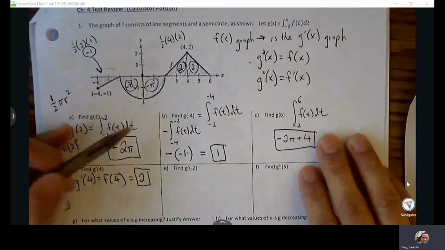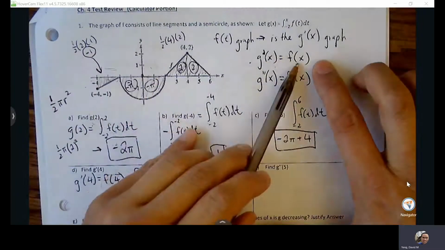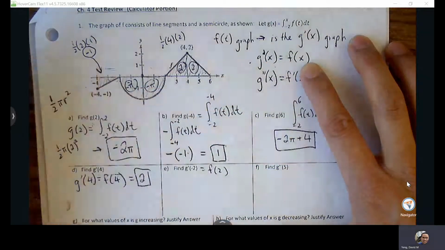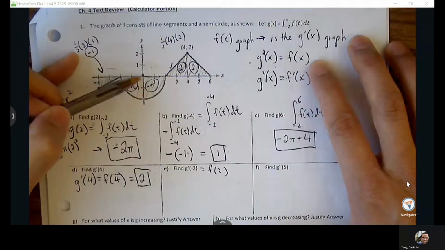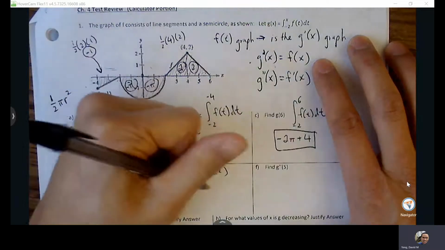Okay, g prime of -2, g prime of -2 is f of 2. And f of 2 is just that ordered pair, y value 0.